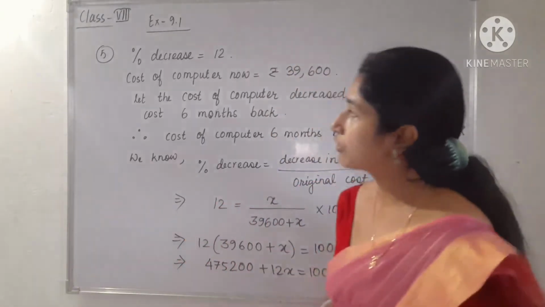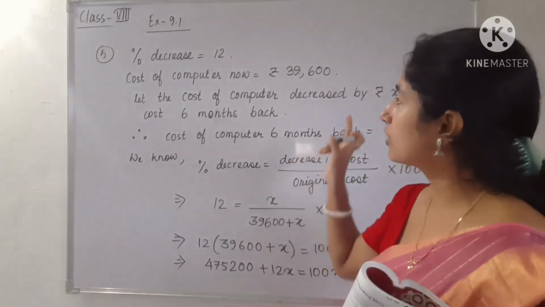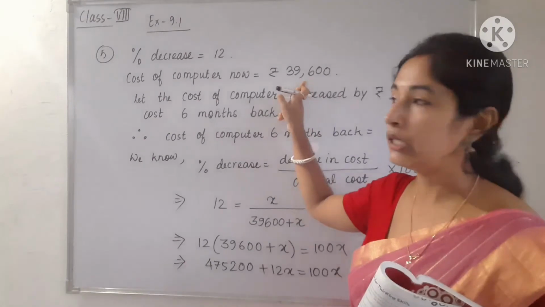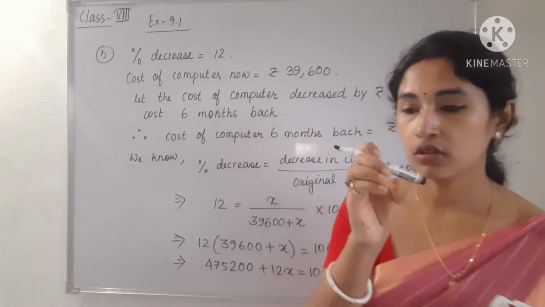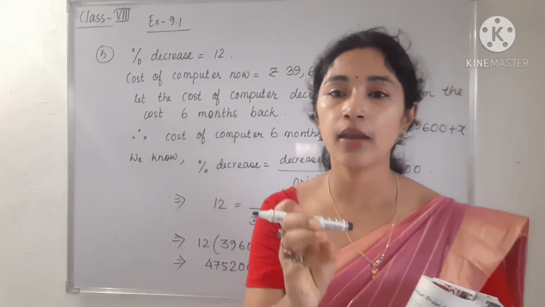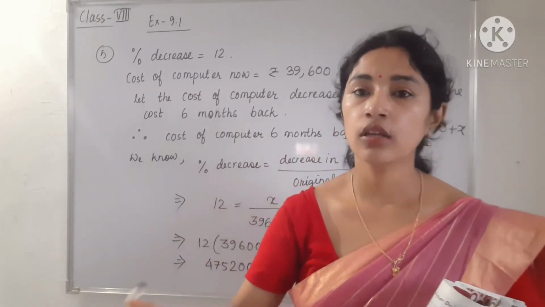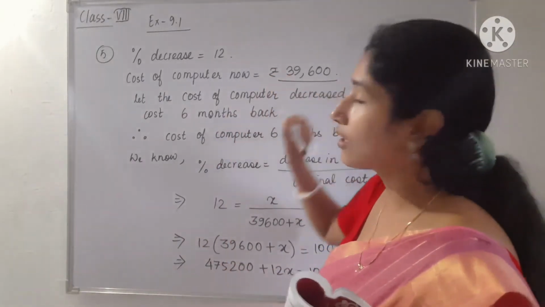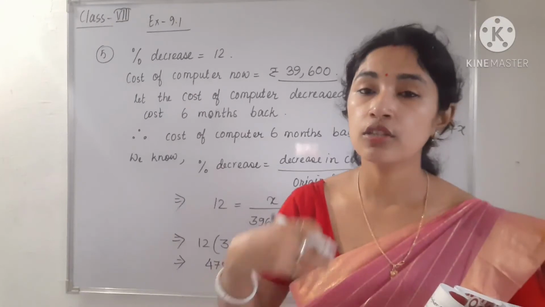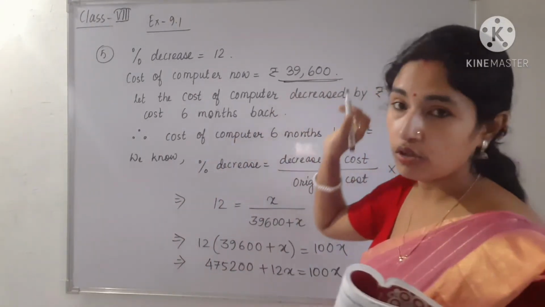So here first of all we have to write the percentage decrease. The cost of the computer now is this much, it is given. So let the cost be decreased by an amount, and that amount we suppose x. So 6 months ago the cost was more than 39,600, but how much more?